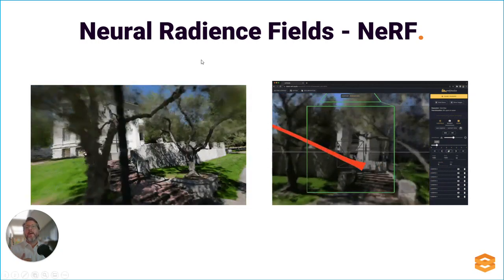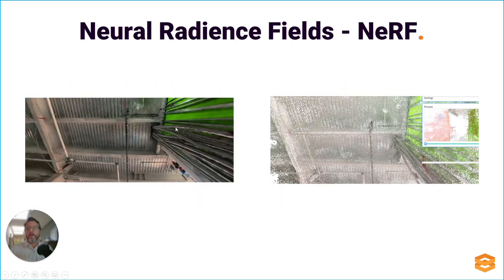But the promise of NeRF is that this technology has just been around since 2020. And it's really using a neural network, basically artificial intelligence, to analyze video that's coming off of just your cell phone. So it's similar to photogrammetry in that aspect, that it's taking video or photos and then reconstructing it.